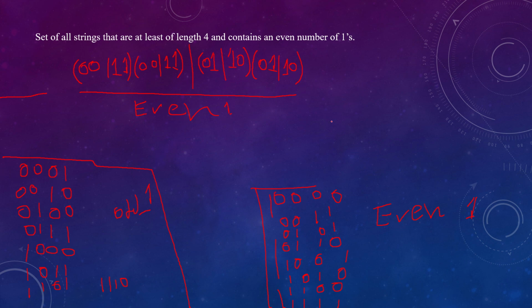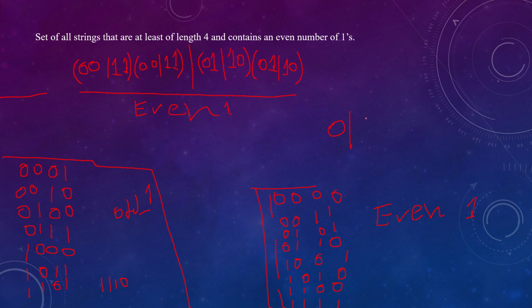So now how can we generate even number of 1s? To generate even number of 1, we can have any number of zeros, right? The 0 doesn't contribute to the number of 1, so we can have any number of zeros, but whenever we get a 1, we must have another 1 to keep it even, right? Because 1 makes it odd, and then another 1 makes the number of 1 even.